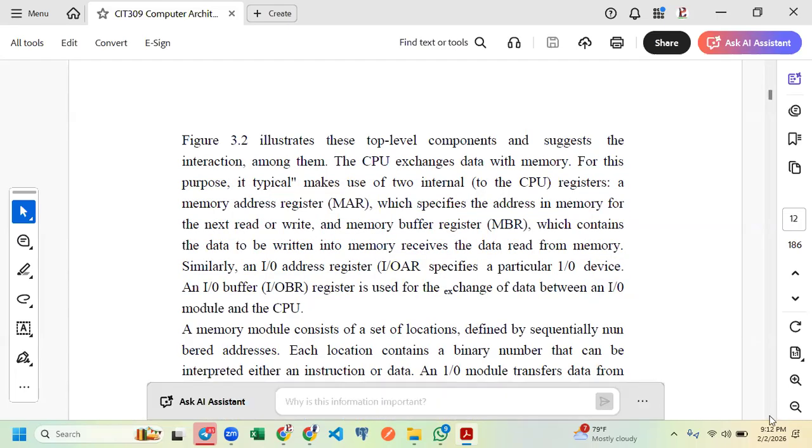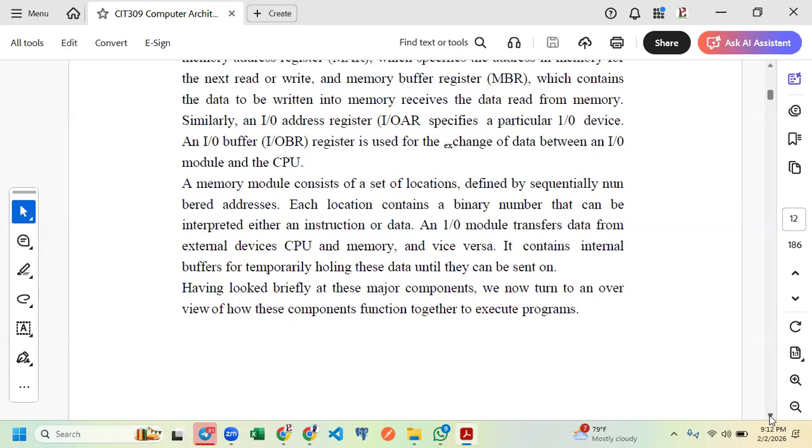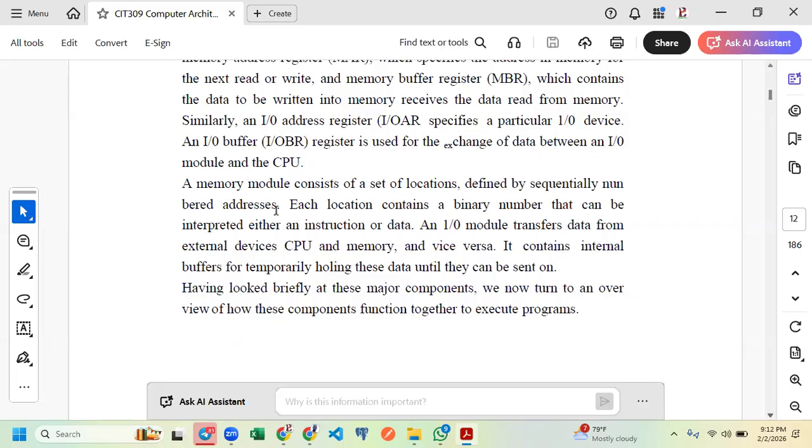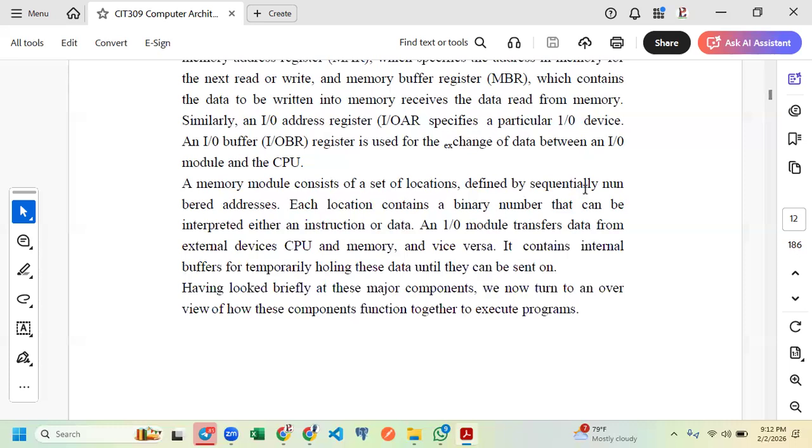Because when we see diagrams like this, please, let's study them. You know, POP is full of diagrams, so they will give you an exam and say you should draw. So let's be wise. A memory module consists of a set of locations defined by sequentially numbered addresses.